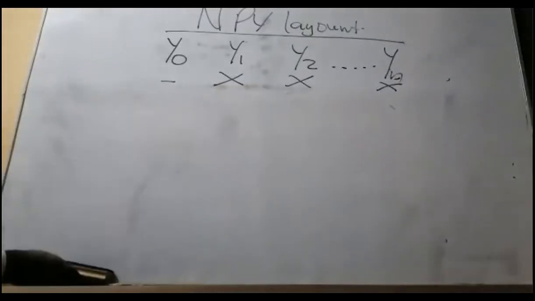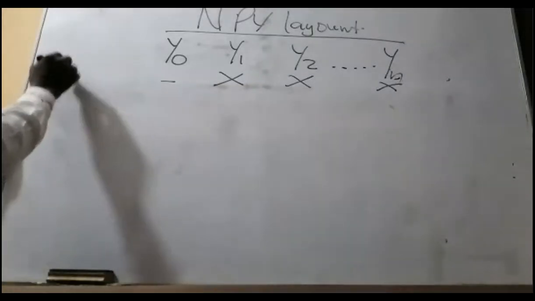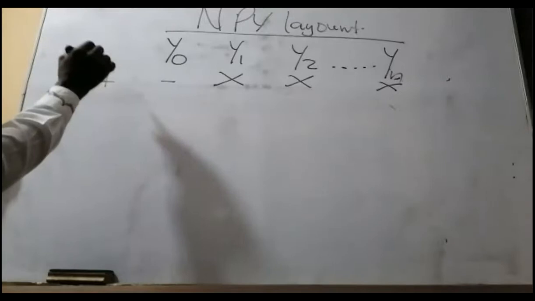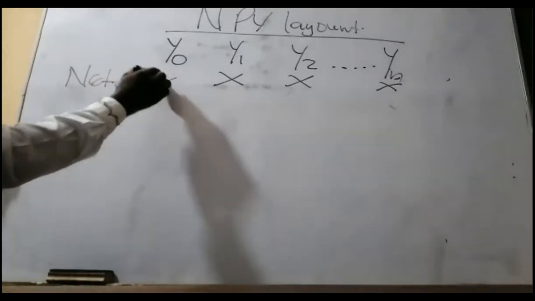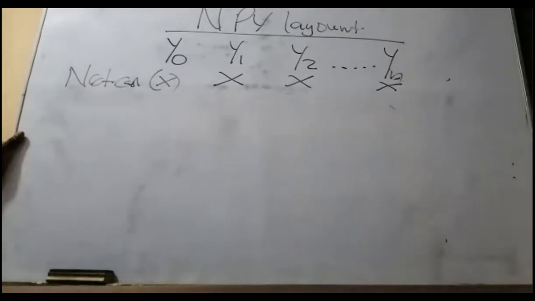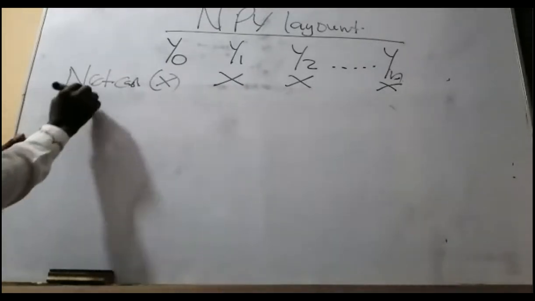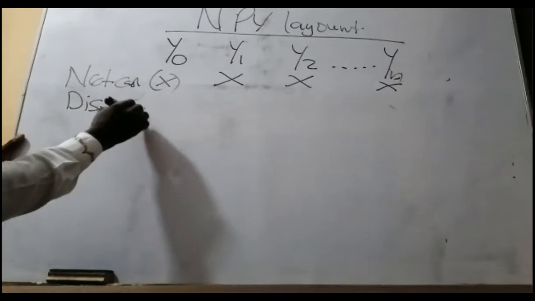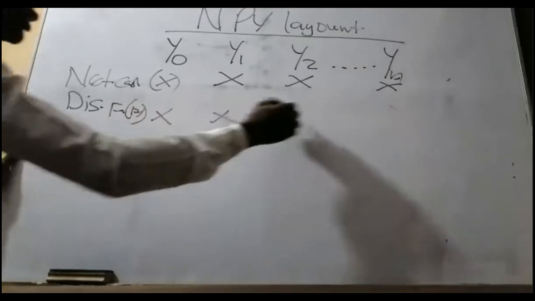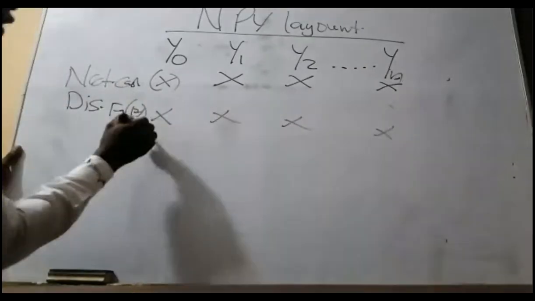So let's assume that this is your net cash flow. I'm just assuming that this was your net cash flow. Then you continue the game. I tell the examiner that the discount factor is maybe 10%. You find a discount factor, you record them here, and you multiply.